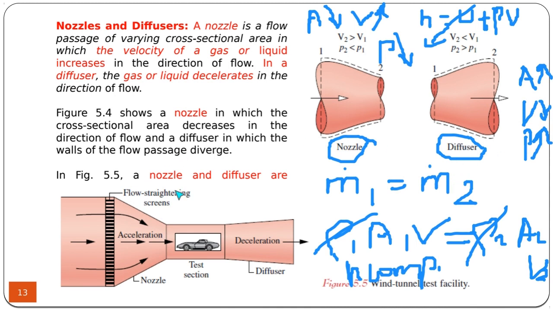The applications of nozzles and diffusers are various. For instance, one application is a wind test tunnel facility. This is a wind test tunnel in which, for instance, the drag coefficient on a car, whether it is a prototype or a small model, is measured.